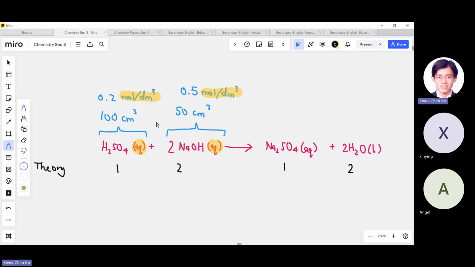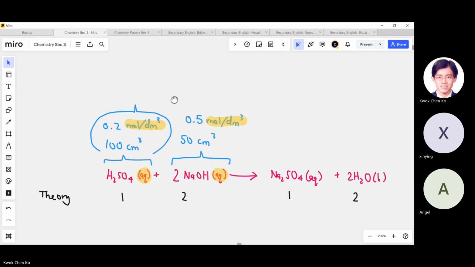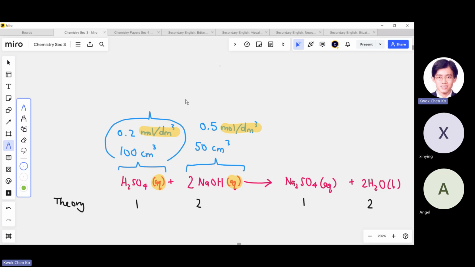Anyway, I'll write it down in case you are stuck. I'm using formula number 4 in case you want to.